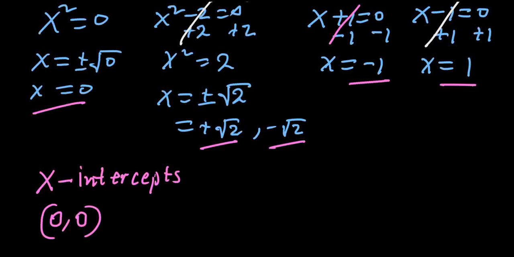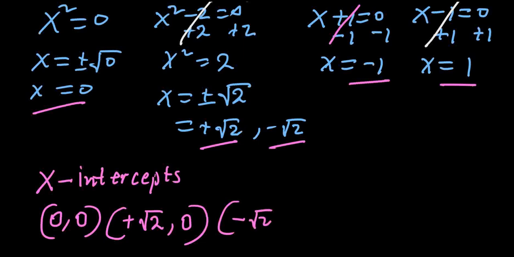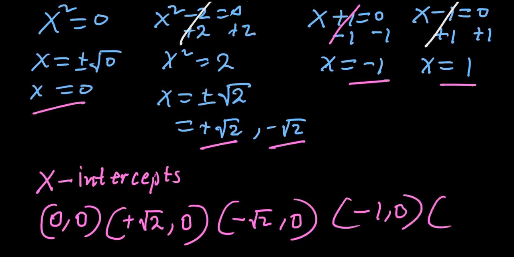And then the second, when x is plus the square root of 2, y will be equal to 0. Next, when x is at negative the square root of 2, y will be equal to 0. Next, when x is at negative 1, y is equal to 0. And lastly, when x is equal to 1, y is equal to 0.